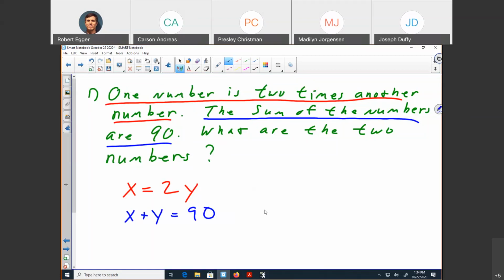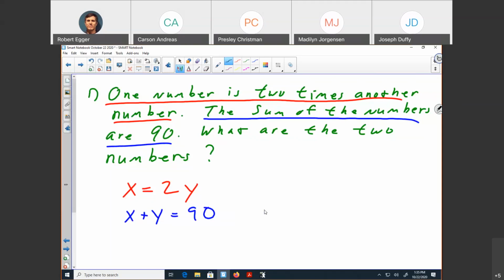Okay. So here's our first foray into two variables. Two variables, two equations. I have two variables, x and y. Do you have two equations? Yes, I do. x equals 2y, and x plus y equals 90. They're totally different. They're not the same.